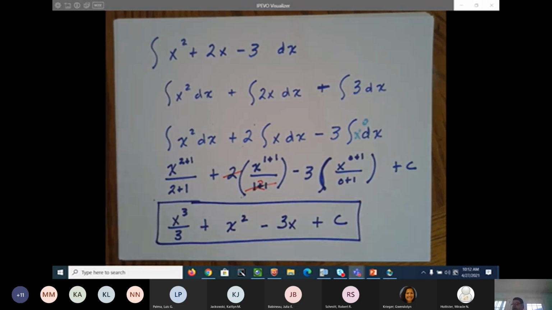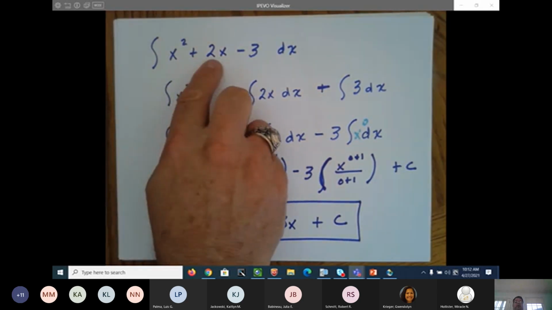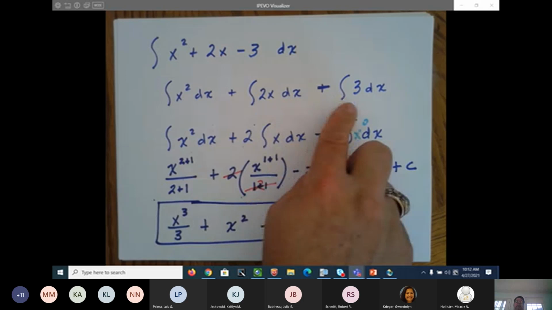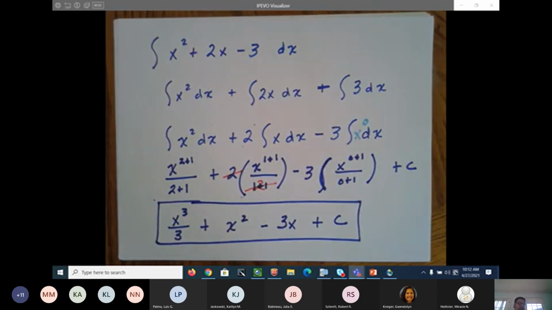That's your answer. So you can take something that's got 3 or 4 terms, break it up, and pull the 2's and the 3's out. You can do that.